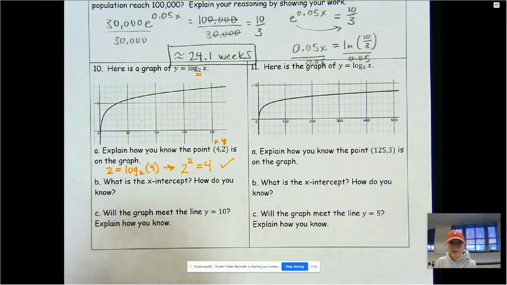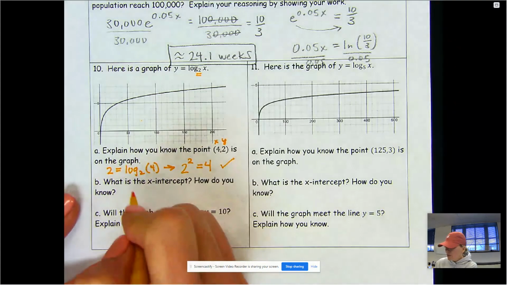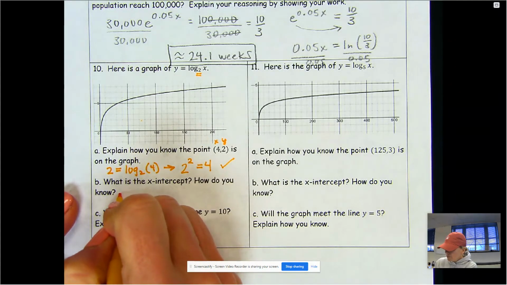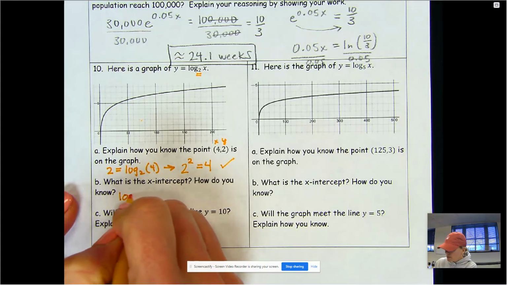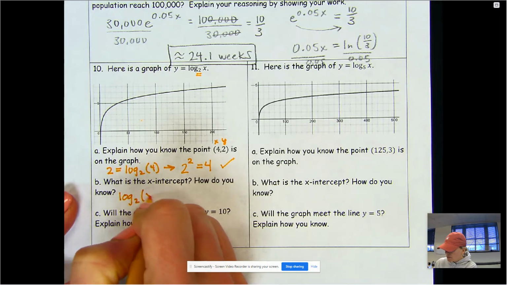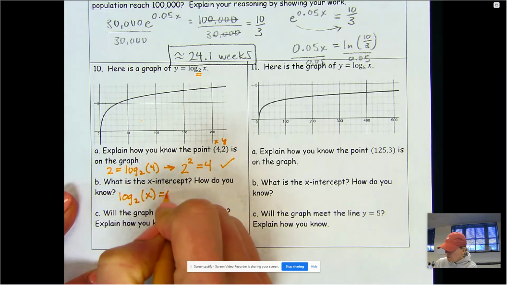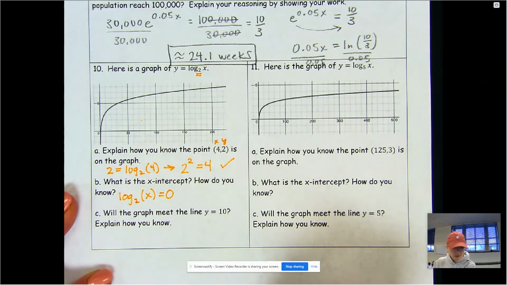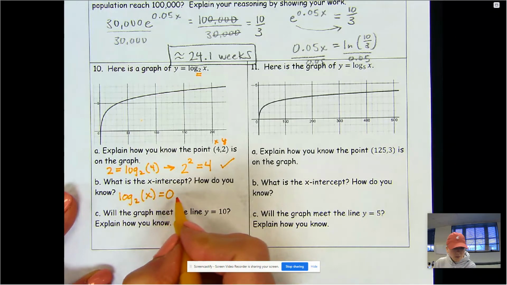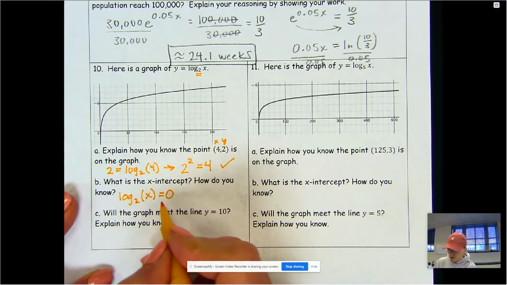What is the x-intercept? How do you know? The x-intercept is when y is equal to 0. So what we're saying is, when does log base 2 of x equal 0? Well, 2 to the 0 is equal to 1, right?